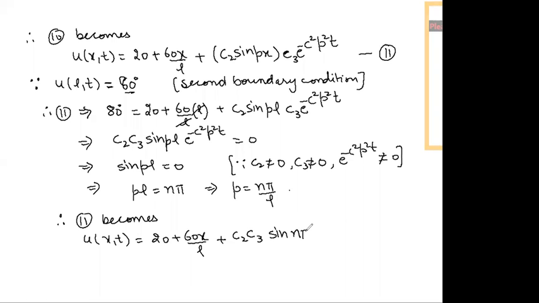It is sin n pi x by L, since P is n pi by L, px is n pi by L into x, into e to the power minus c square n square pi square t by L square. I have just put P equal to n pi by L. And now I will also put C2, C3 equal to Bn.